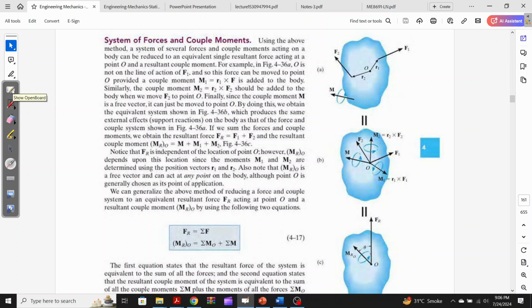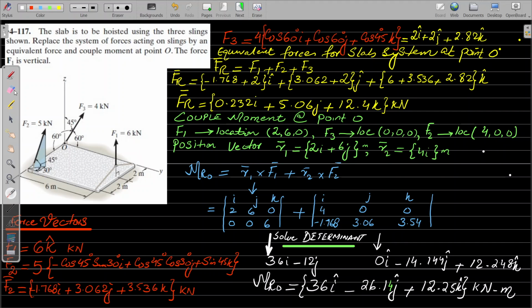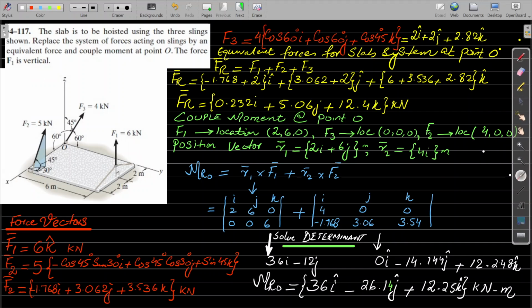Once the theoretical concept is introduced, we can see in our system that there is one force F1, another force F2, and a third force F3. This force F1 is acting at this unique point.